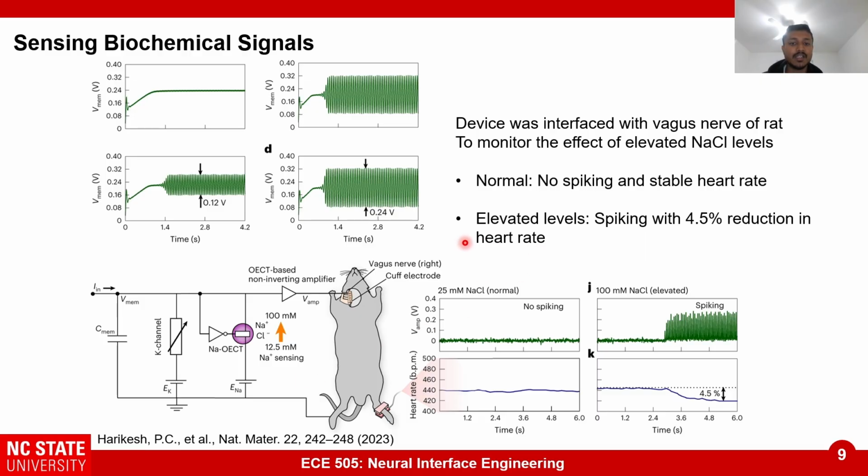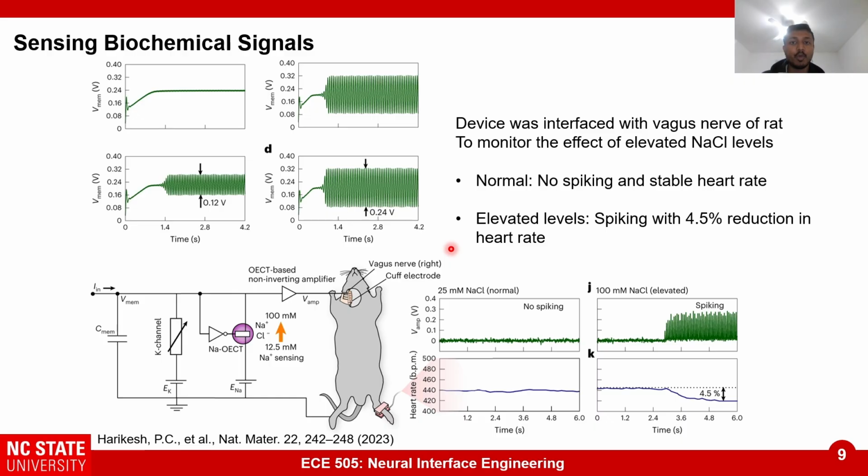When the levels were increased from 25 millimolar to 100 millimolar, there was spiking observed in this circuit, and there was a reduction in the heart rate of the rat. So it can perform sensing of the biochemical signals and also help in stimulation.